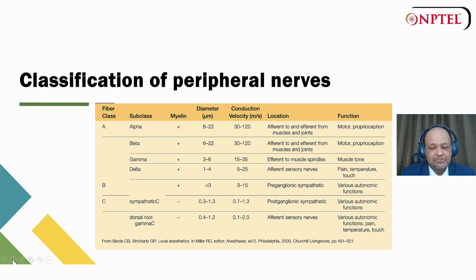Otherwise, this leads to a problem where we have inadequate anesthesia. So the pain, temperature and touch need to be blocked properly. And of course, the C fibers would have various autonomic functions, such as pain, temperature and touch again. And this is how the gate control acts.